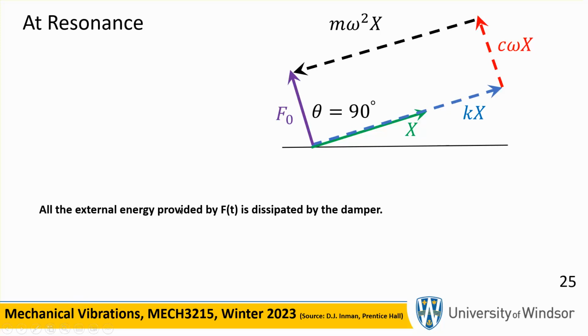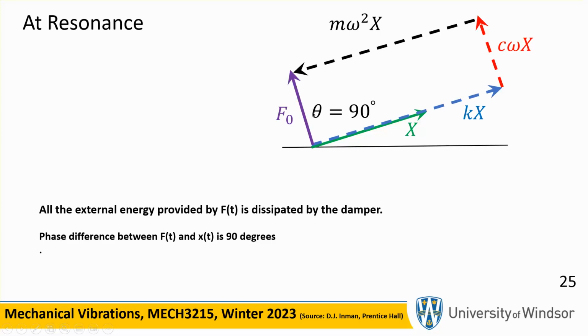All the external energy provided by f of t, that harmonic load, is going to go into damping. All of it. This and this are the same length. And the inertial force is balanced by the spring force.